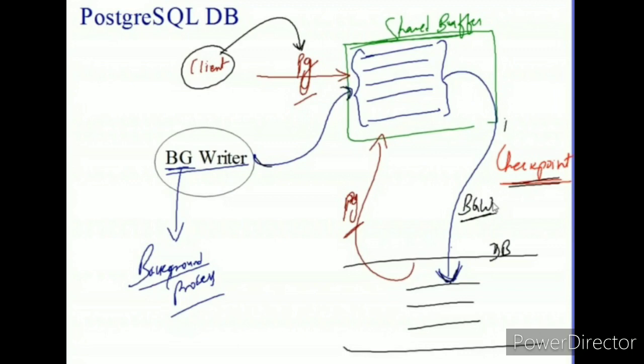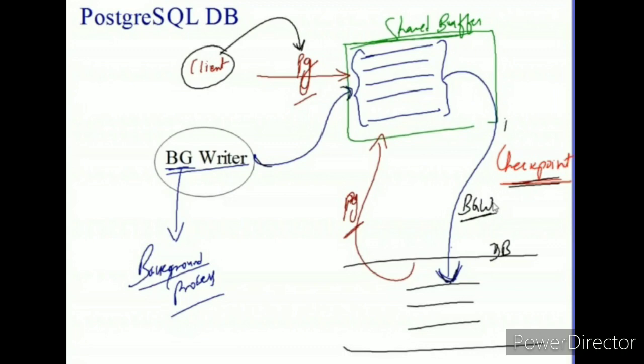Shared memory consists of shared_buffer and wal_buffer. Shared_buffer holds whatever the user is requesting. It fetches the data, copies the blocks, and responds to the user.